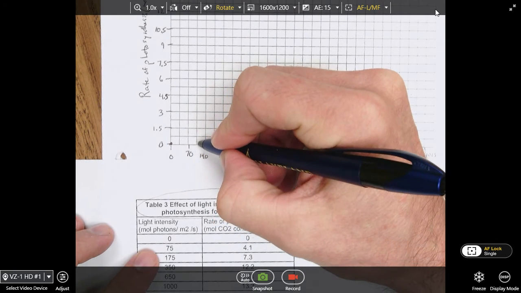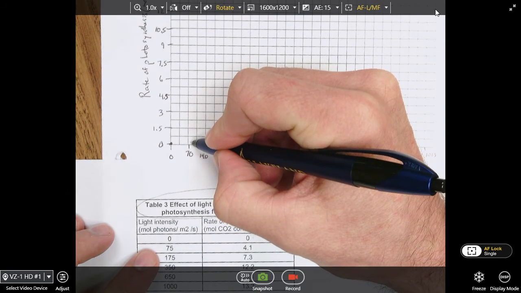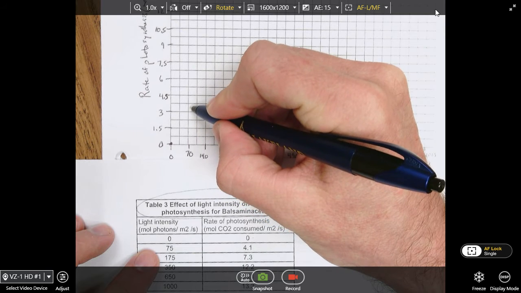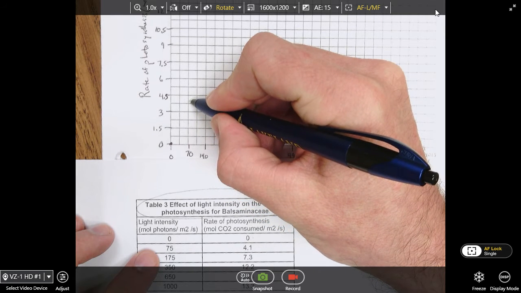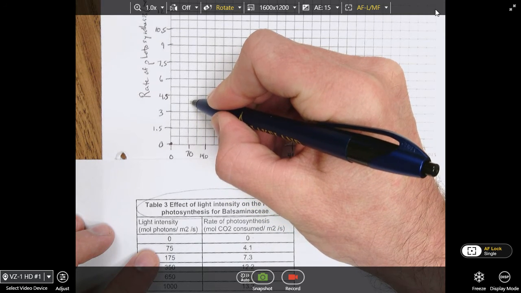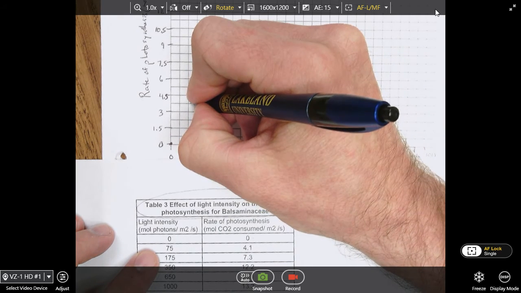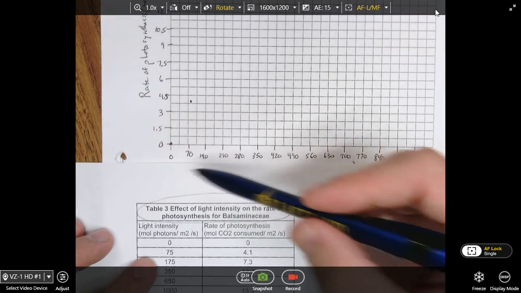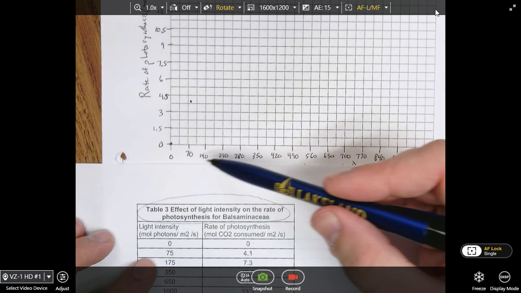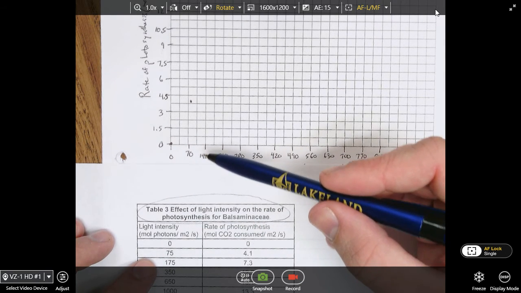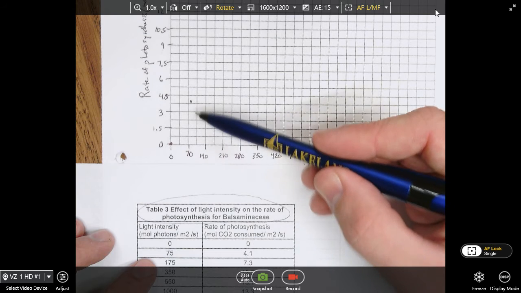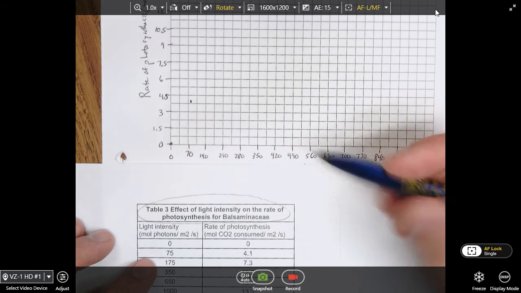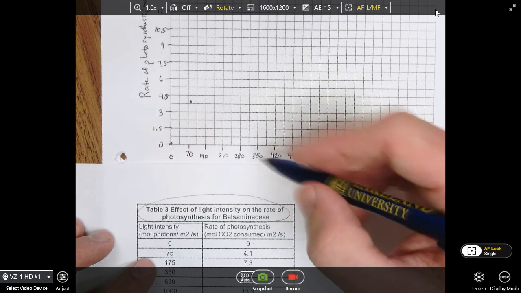So I'm going a little bit past 70, and I'm going to go up to about 4.1. And this is not exact science right now, and the more even these numbers are to our whole numbers, the easier it is to figure out where it needs to be in the spaces here.